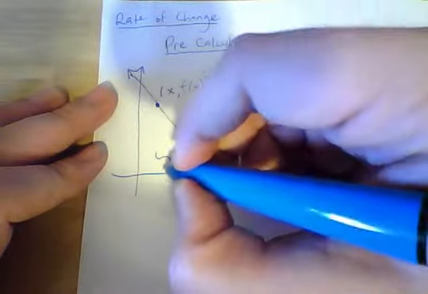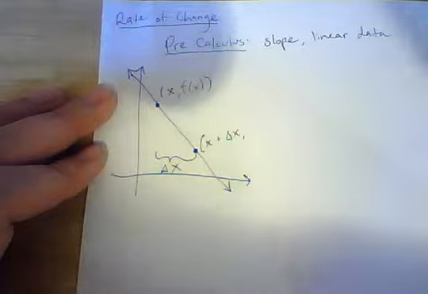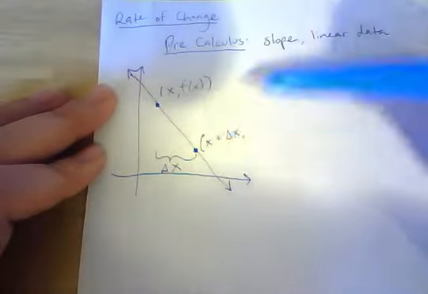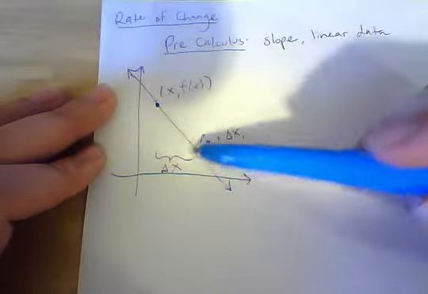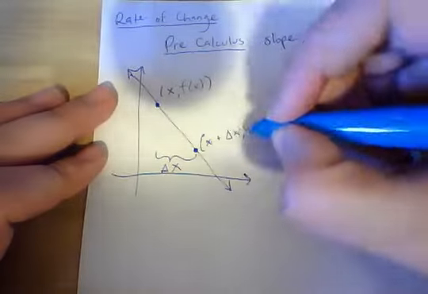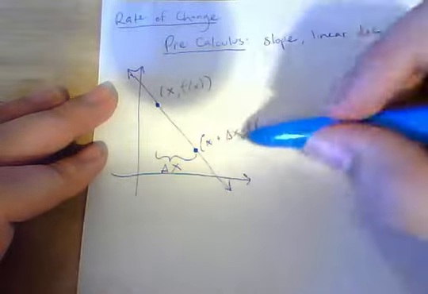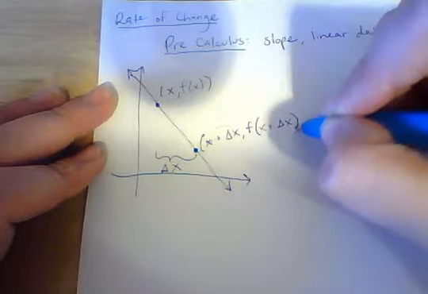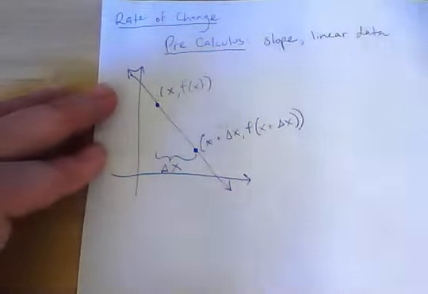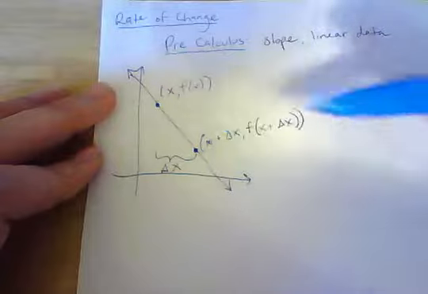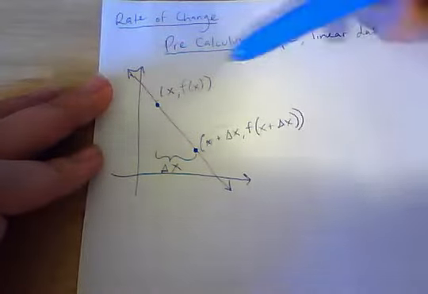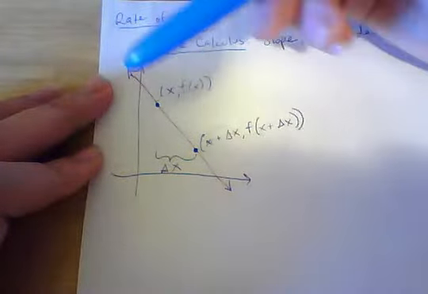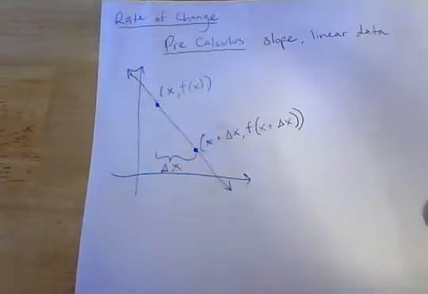We added some x, so we call this the change in x from this point to this point. So we added that change in x to our original x, and then we found our function at this x plus change in x. Okay, so this basically just describes any two coordinates on some linear data on a line.